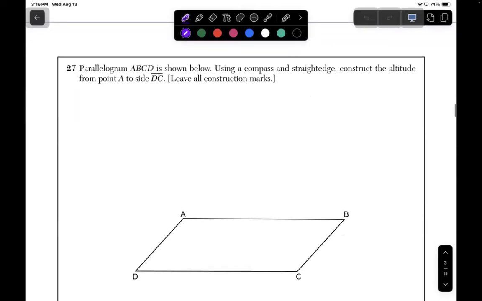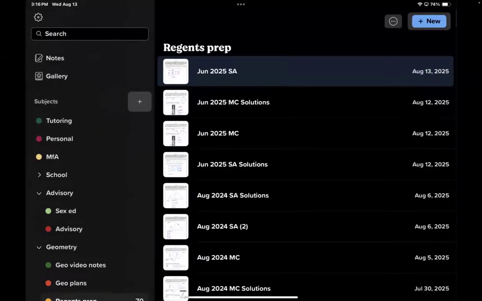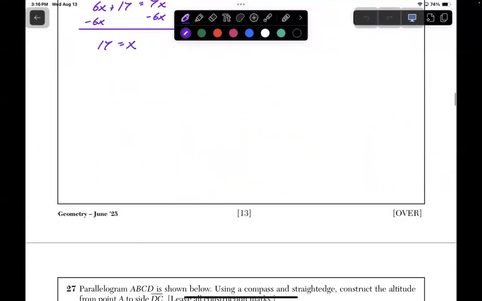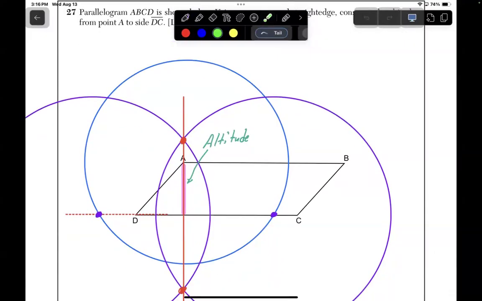Parallelogram ABCD is shown below. Use a compass and a straight edge to construct the altitude from point A to DC. Leave all construction marks. So I'm going to show you what I did on the solution guide and just talk you through it. Basically, what I did, on construction, I extended this line segment here and then said, let me make a circle centered at A, because I want to find this altitude here.